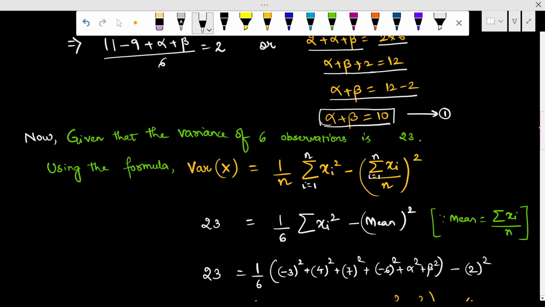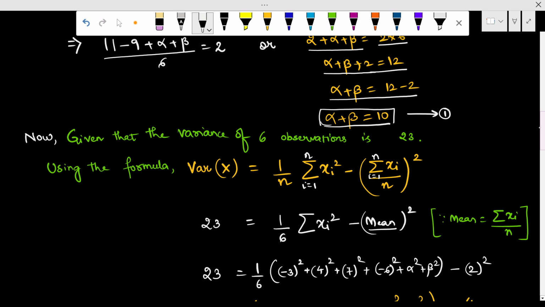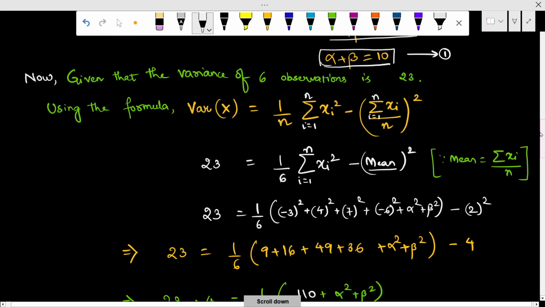This thing is basically mean square, right? So variance was given as 23 equals 1 by 6 sigma xi square, where i is from 1 to n, minus mean square, right? Next, mean was given to be 2.